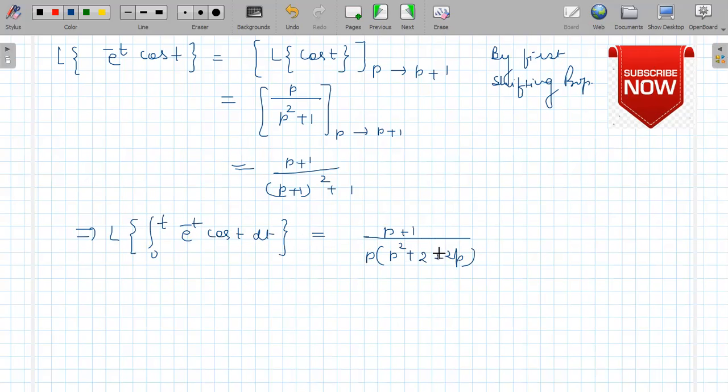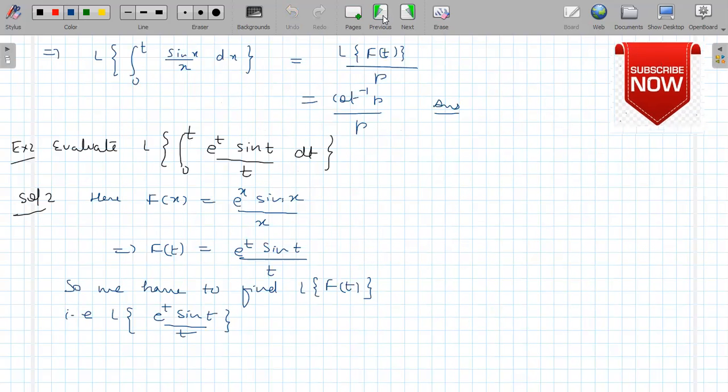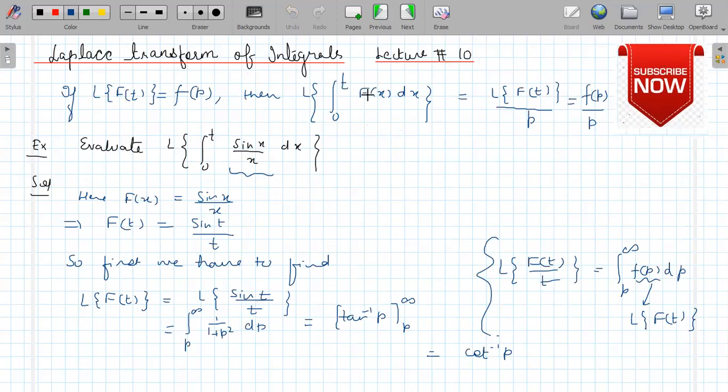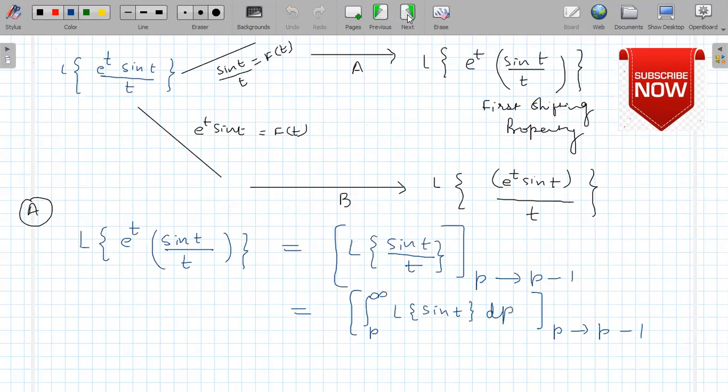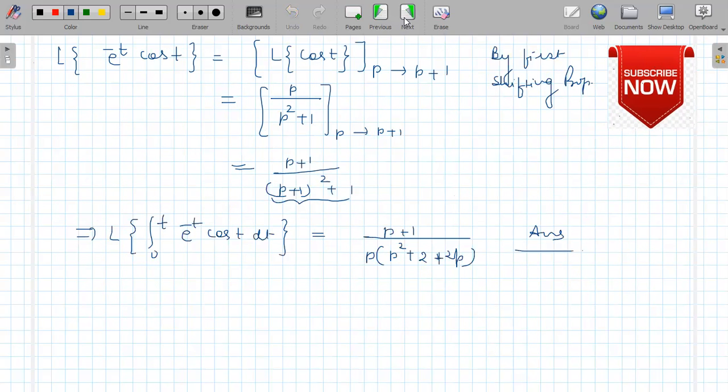I have solved this; this is equal to this. So this is the answer. I hope you understand this method of finding the Laplace transform of integrals where the limit is from 0 to t.